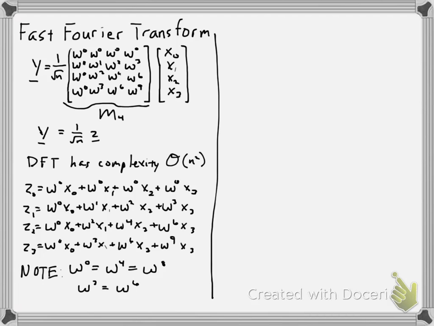So I'm going to insert omega 0 whenever appropriate and omega squared whenever appropriate. Notice that the order of the linear combination is x0 term, x1 term, x2 term, x3 term. I'm going to switch the x1 and the x2, and I'm going to group things in a certain way that will be convenient.